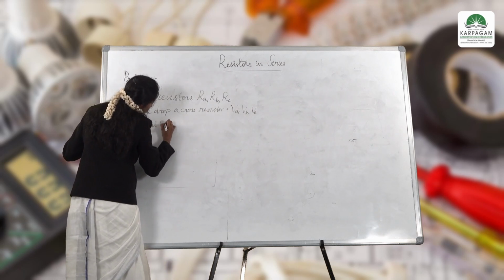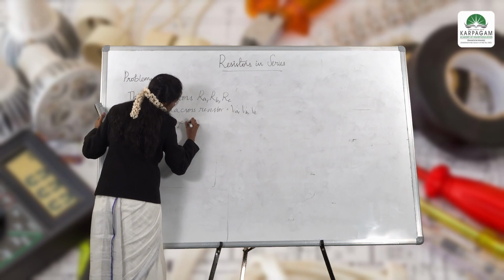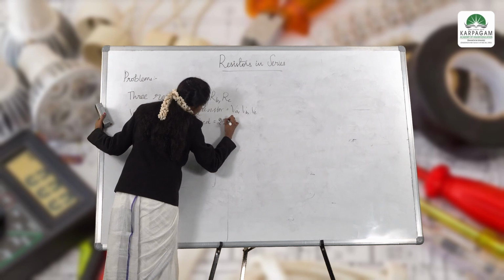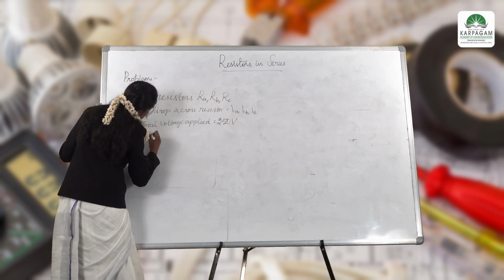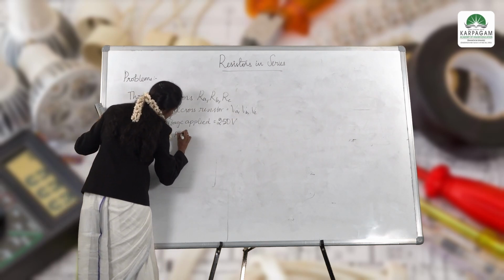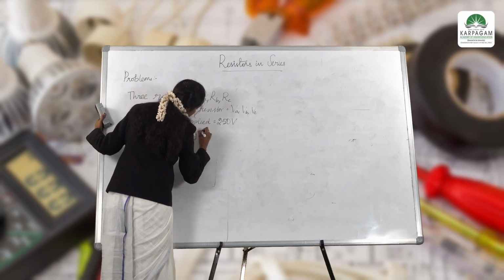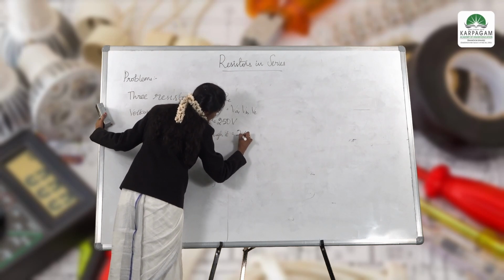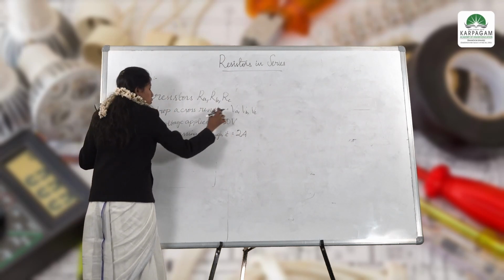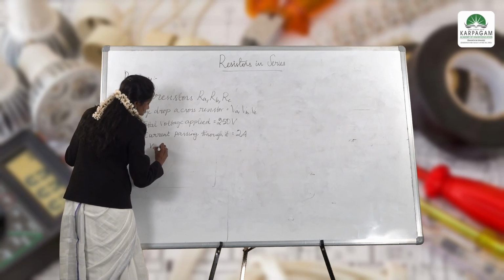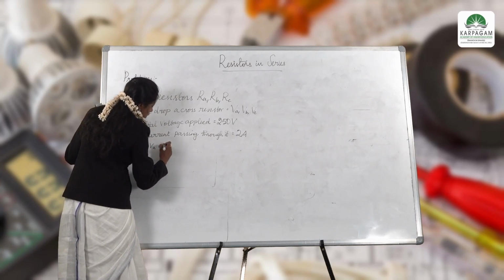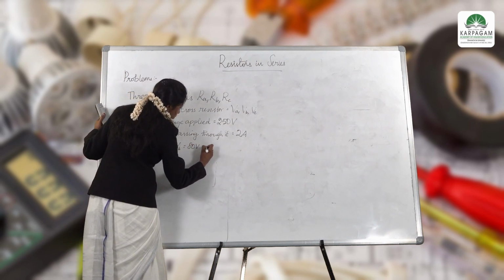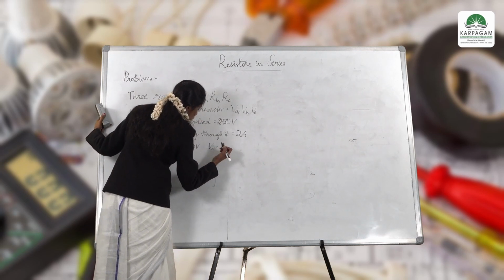We have a total voltage applied across it, and that total applied voltage is 250 volts, and the current passing through the circuit is 2 amps. In this, the VA value is unknown, the VB value is 80 volts, and the VC value is also unknown.